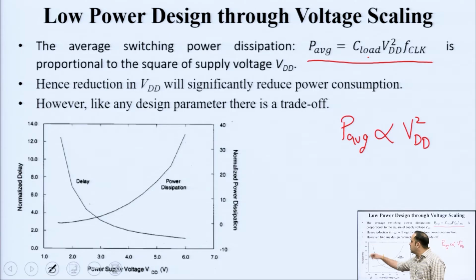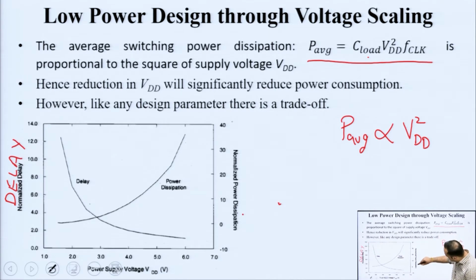The parameter on the left half of the y axis is the delay. So, this shows the trend in delay and this shows the trend in power dissipation. And the x axis is your supply voltage.